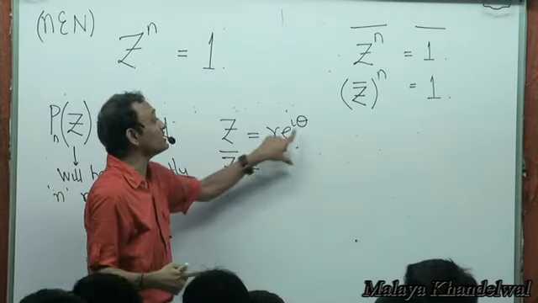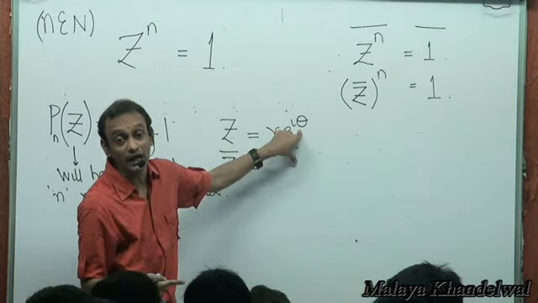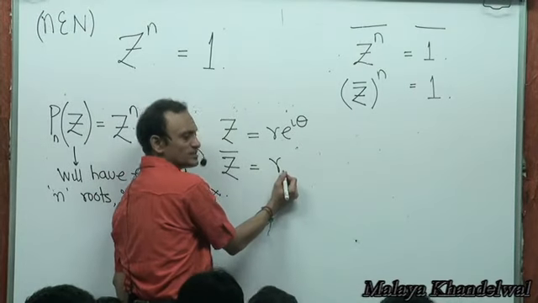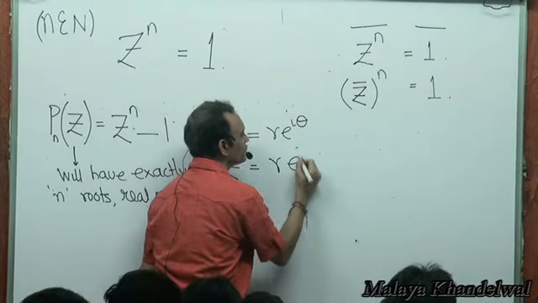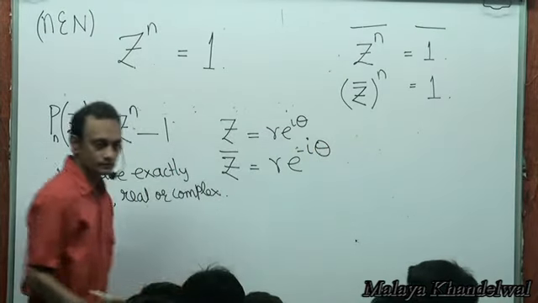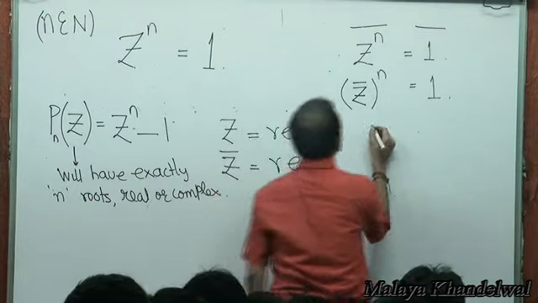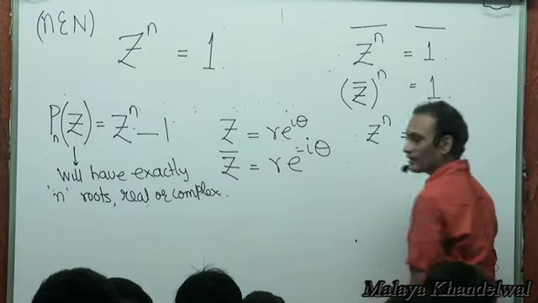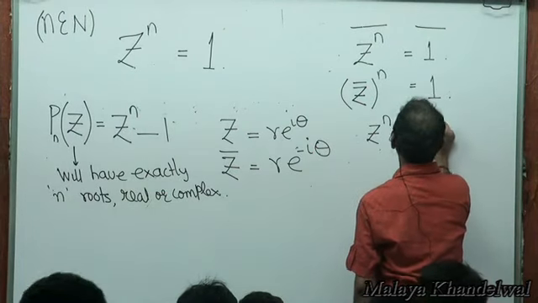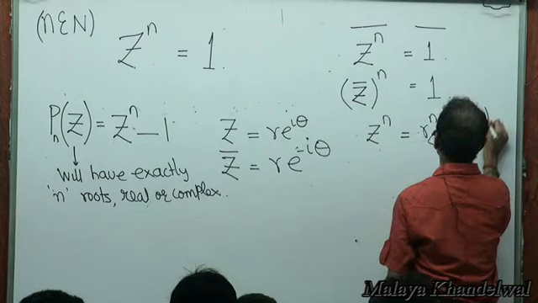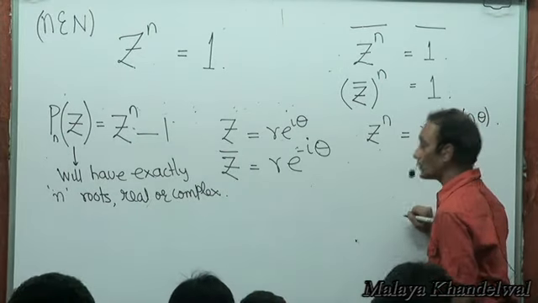If the argument of z is theta, then the argument of z bar will be minus theta, right? z bar will have the same modulus as z, r, but its argument would be minus theta, right? Look at z to the power n. z to the power n is r to the power n e to the power i n theta. That's z to the power n, right?